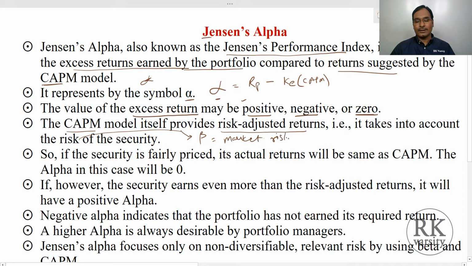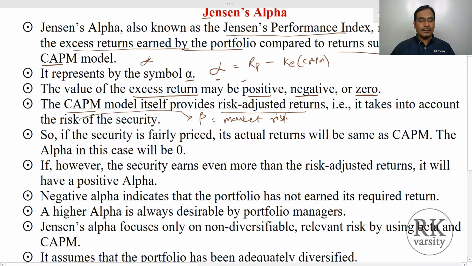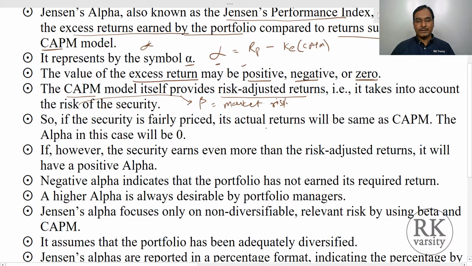All right. Next, if the security is fairly priced, its actual returns will be the same as the CAPM. The alpha is zero. That means when your return on a portfolio minus your expected return calculated using cost of equity, if they both are the same, then you yield zero.